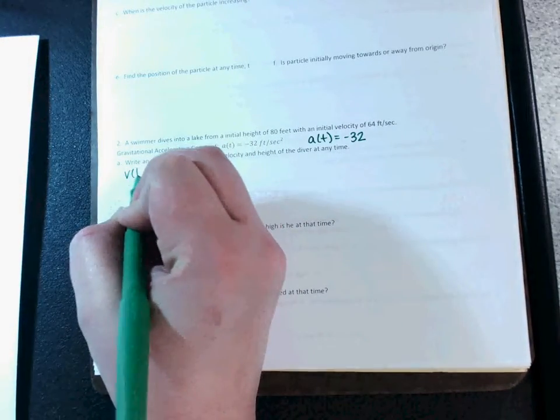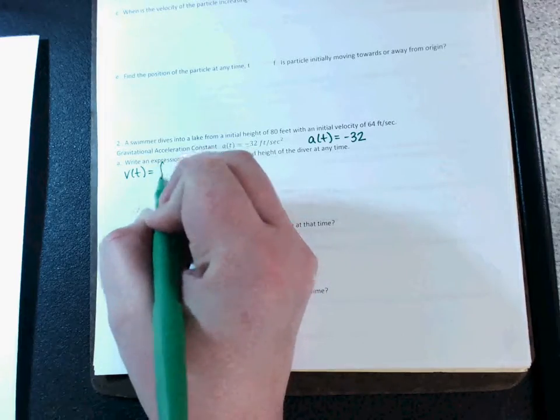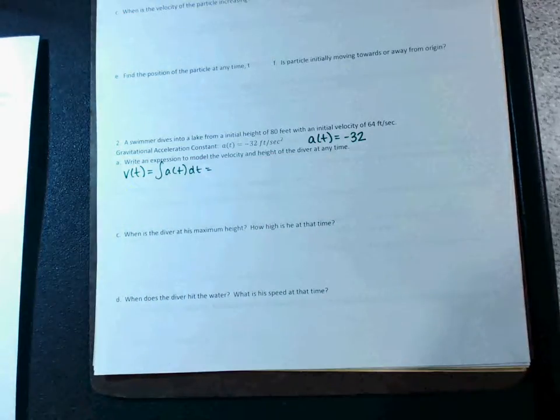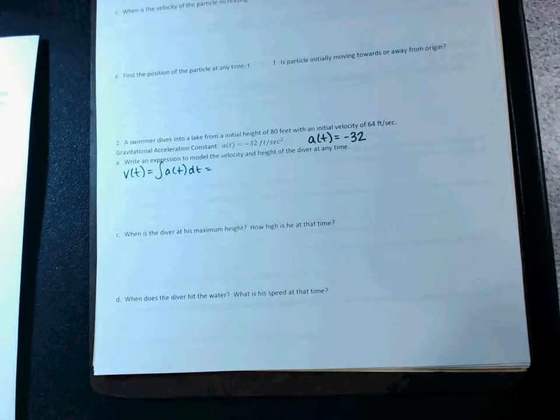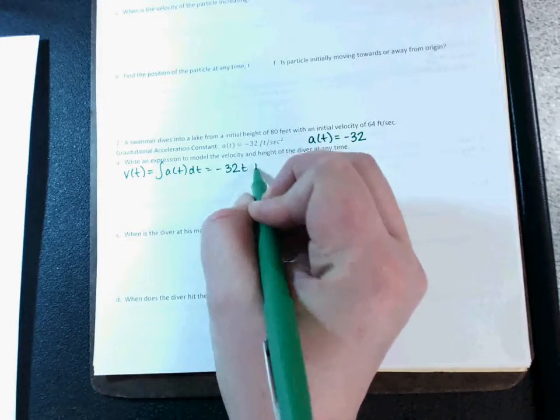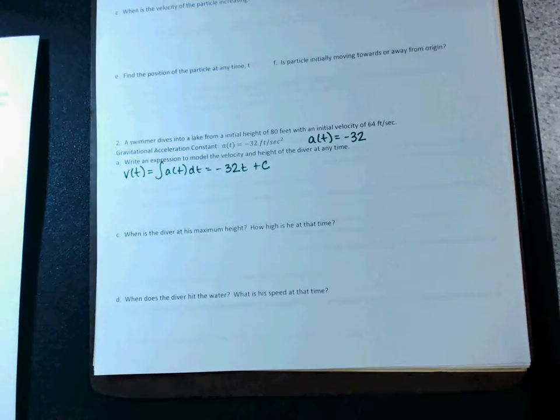Okay, so it says in part A, write an expression to model the velocity and the height of the diver. How will I get to velocity? Antiderivative, good. So I'm going to do the integral of acceleration. And if acceleration is just negative 32, what's the antiderivative of that? Plus c. Very good. Now go back to the question.